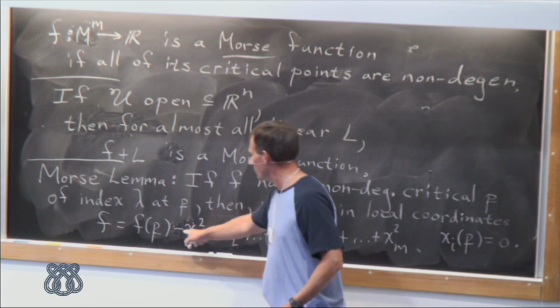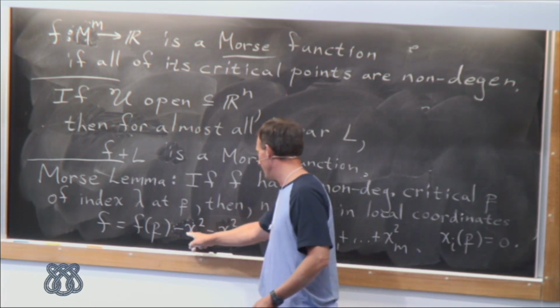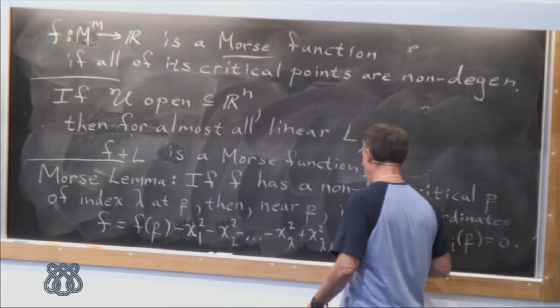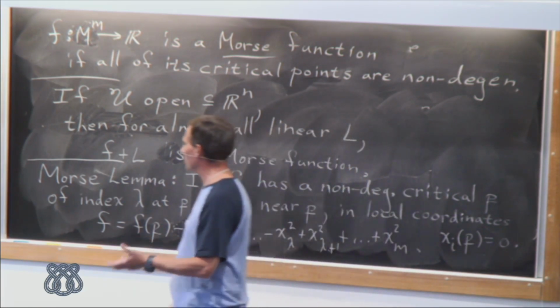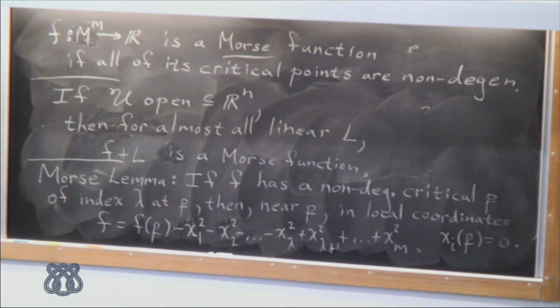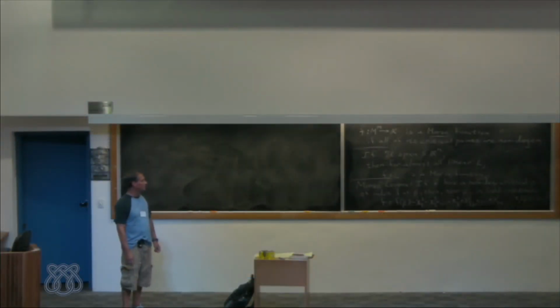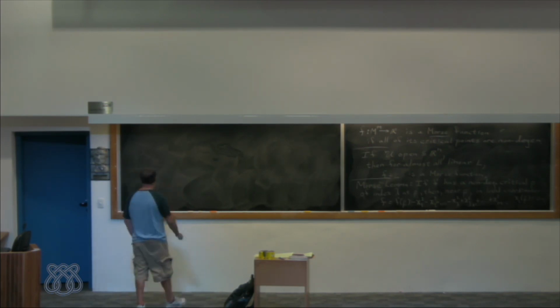Because here you can just see the negative eigenvalues. You'll get negative 2s, and then you'll get positive 2s. So the Morse lemma says yes, up to a smooth change of coordinates, that's what happens at a non-degenerate critical point of index lambda. All right, I wanted that.